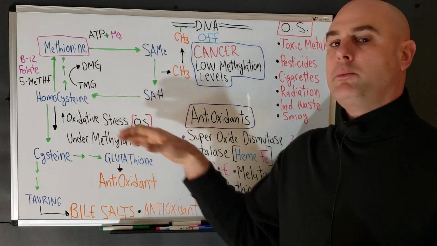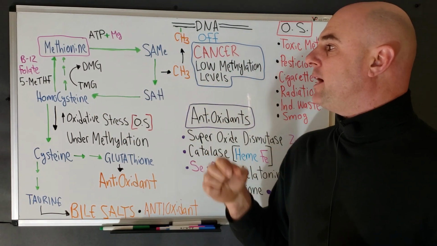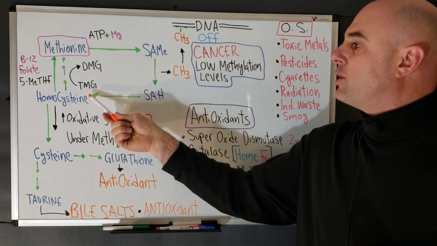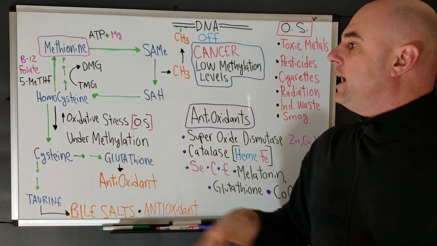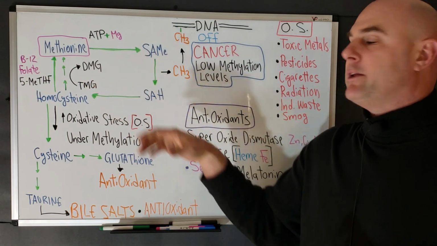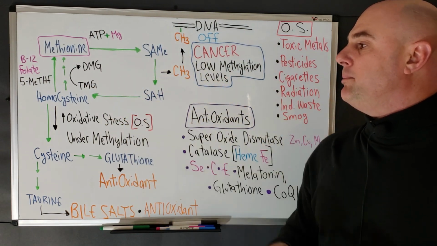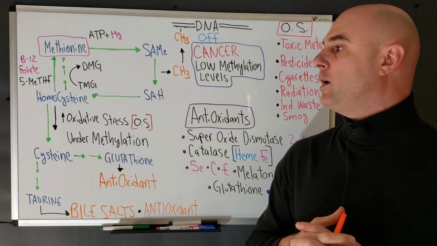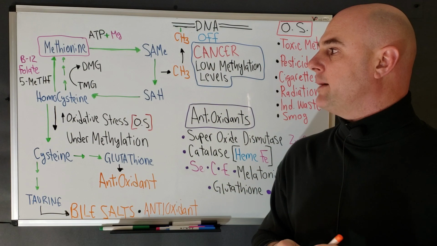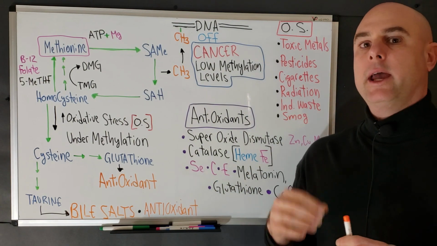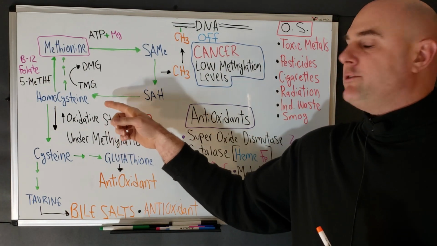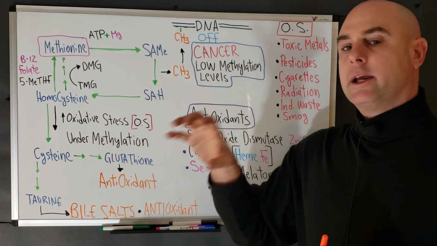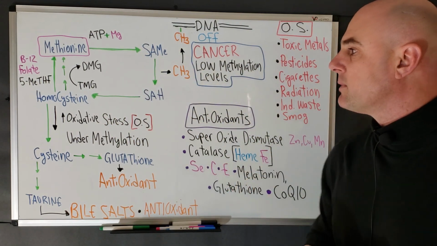Now, to convert homocysteine back to methionine, it can either be converted by trimethylglycine, and in the process it produces dimethylglycine, or it can be converted back to methionine with the help of B-12 folate in this enzyme 5-MeTHF. So we have two routes where homocysteine can be back converted to methionine, completing the SAM cycle.